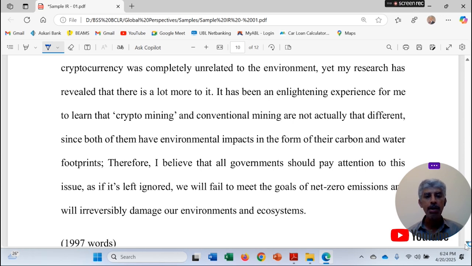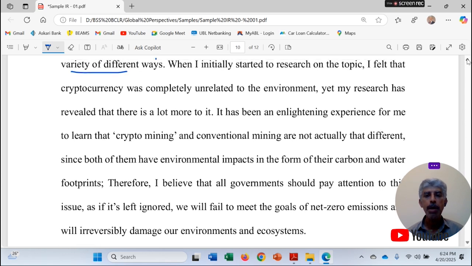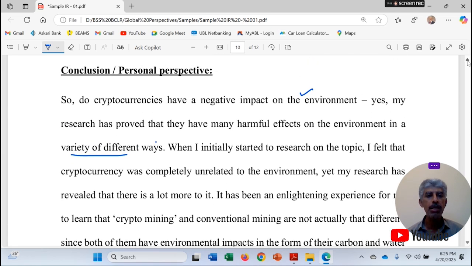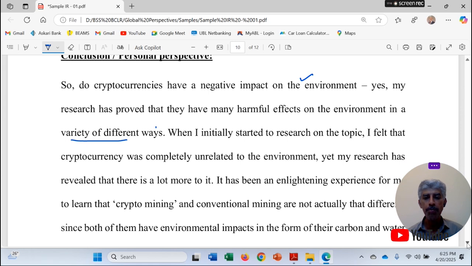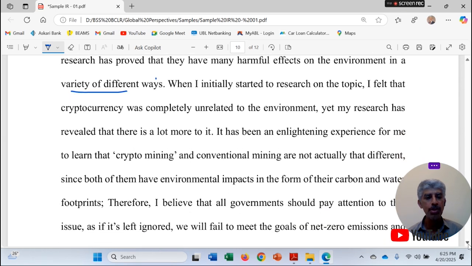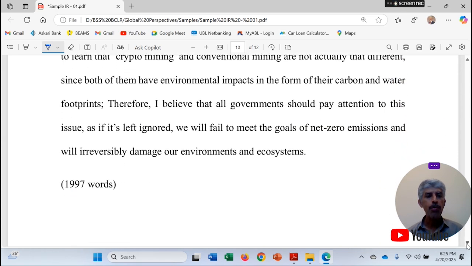So in this way, the whole perspective of the student changed after conducting this research. That is what we call the reflection: what was the perspective of the student before the start of the research, and what was his perspective after completing the research or the individual report. This is the most important phenomenon of the individual report, the reflection, that is, the personal learning of the student out of that research.